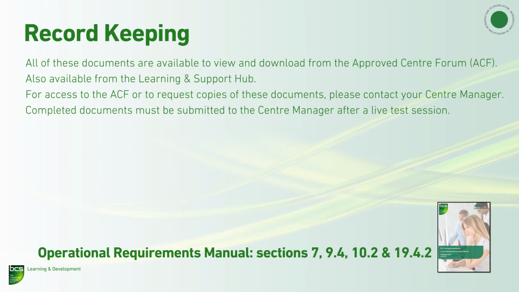For more information on record keeping, visit sections 7, 9.4, 10.2, and 19.4.2 of the Operational Requirements Manual. All of the documents mentioned here are available to download from the Approved Centre Forum or the Learning and Support Hub. If you don't have access to these areas, please contact your Centre Manager to request these documents. Completed documents must be submitted to the Centre Manager after each live test session.